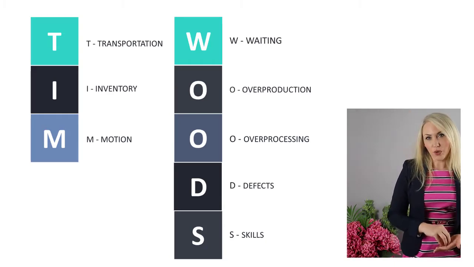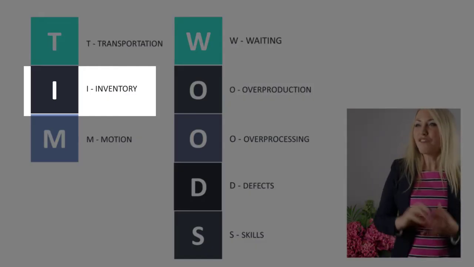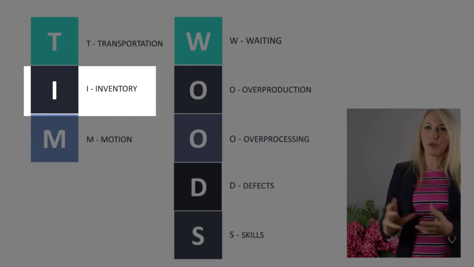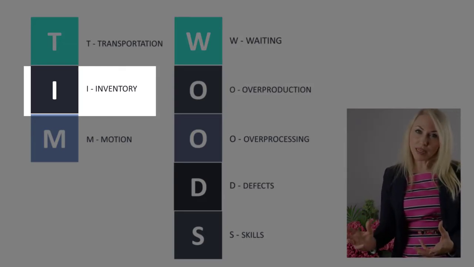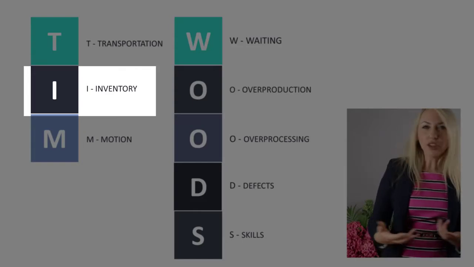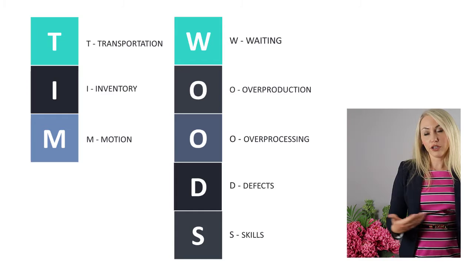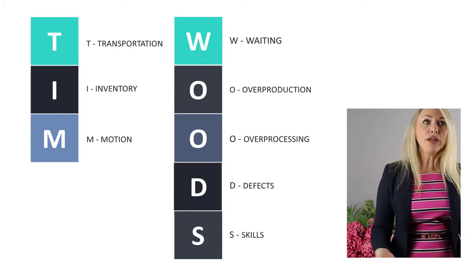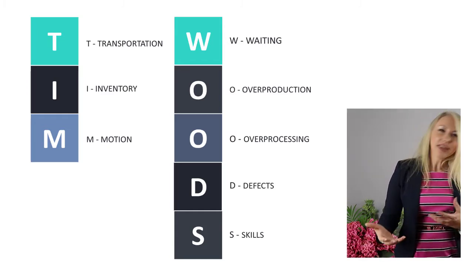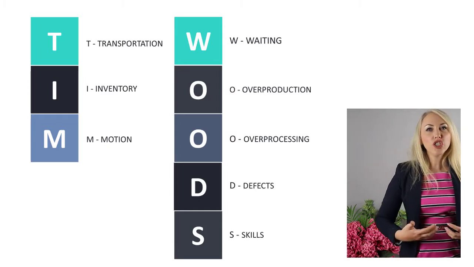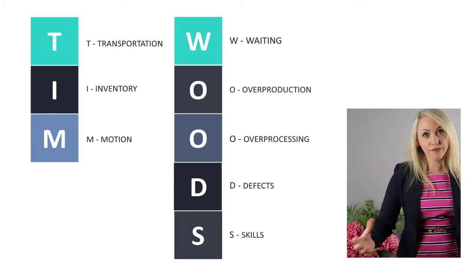The next is inventory. Again, you can really physically see it when you're talking about inventory for a manufacturing company. But what would that look like in a utility space? One area that I think of for inventory is just the sheer scope and number of files.